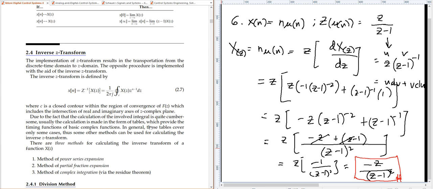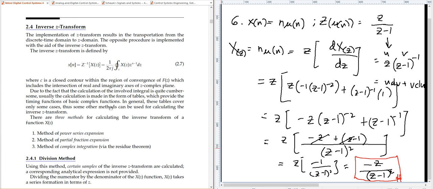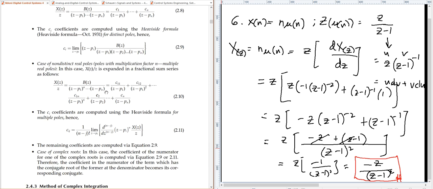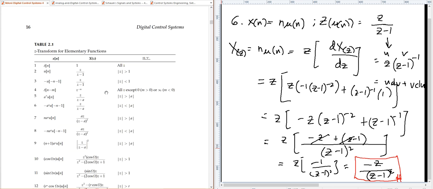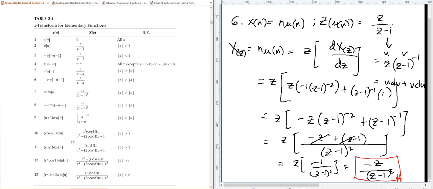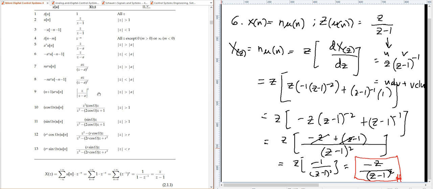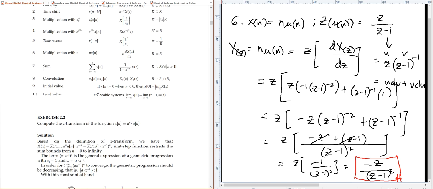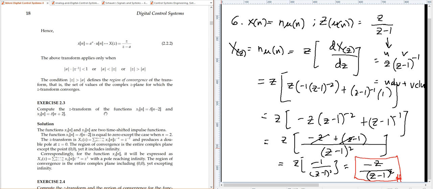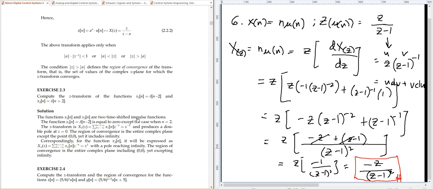Inverse z transforms, after the midterm, we're going to have the z transform and inverse z transform. There are formula tables, and some examples below that you can solve.